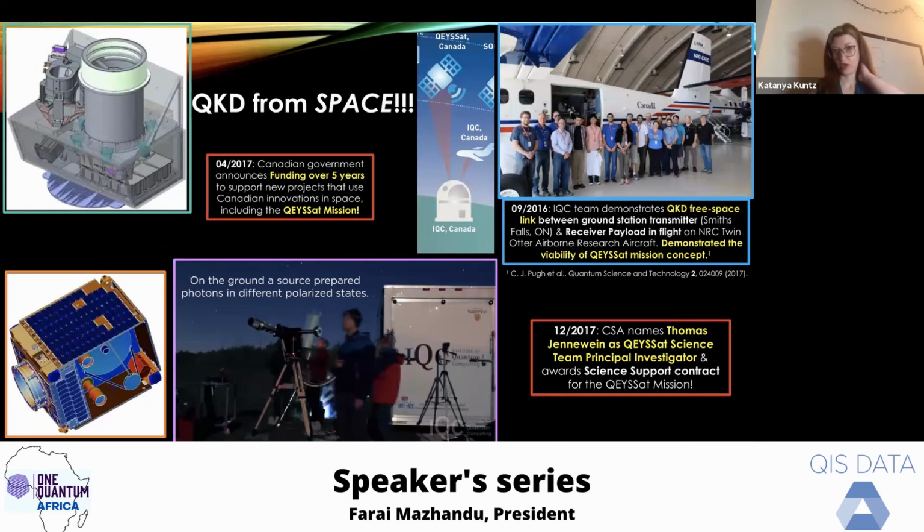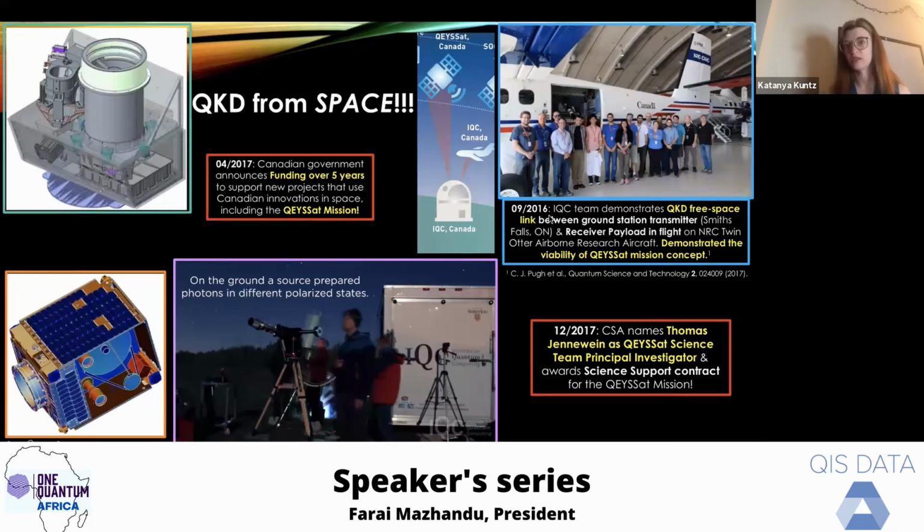So what is the Keysight mission? In 2017, the Canadian government announced funding for 5 years for this quantum encryption and science satellite mission. And as I said, it's based on polarization states. So we are encoding information using polarization of light and using lasers and a ground station to generate this free space link and to allow us to do QKD.